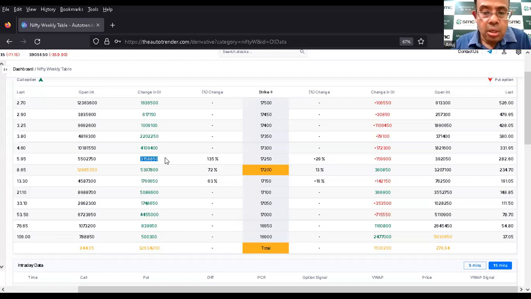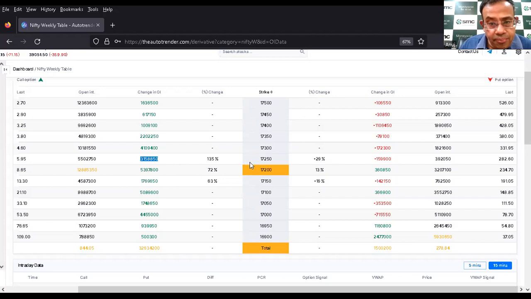Otherwise, if it is a neutral market or a consolidation market, the seller will eventually make money, and the buyer will lose money. Or if the market goes in his direction, then he will make money out of it. So all the risk is being taken by the seller. So that is why this whole open interest scenario is from the selling perspective.